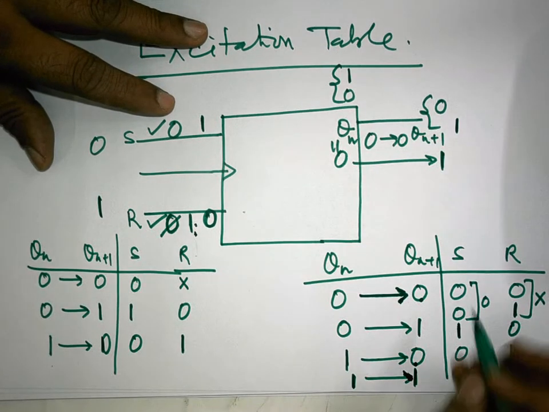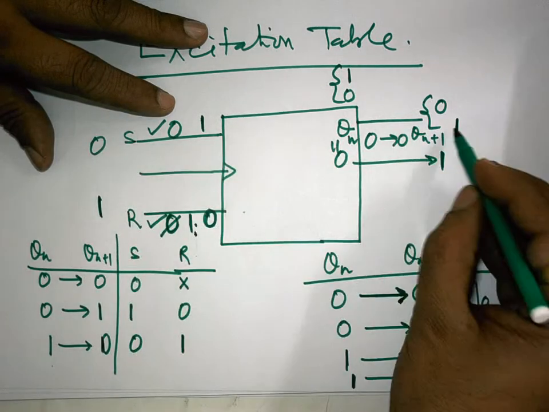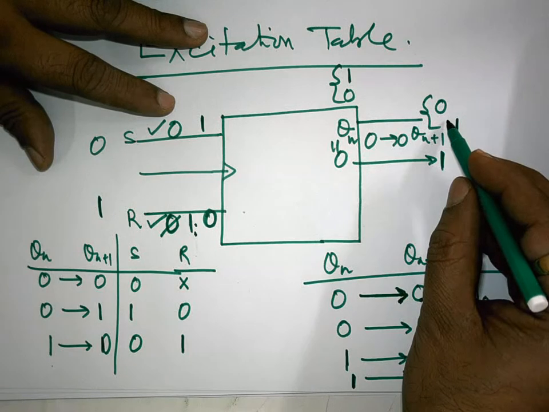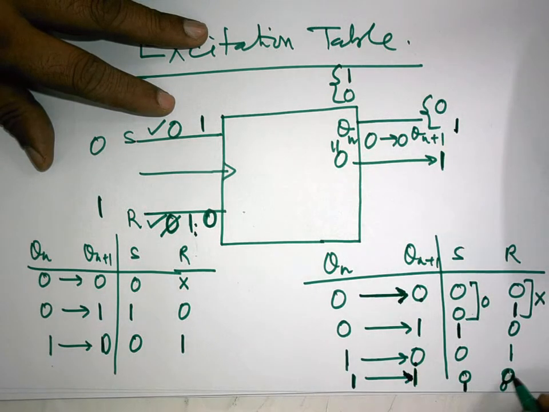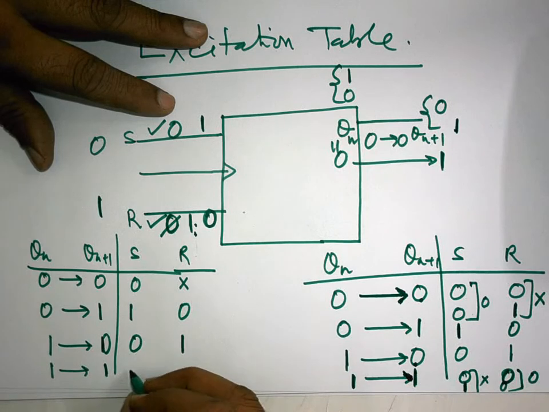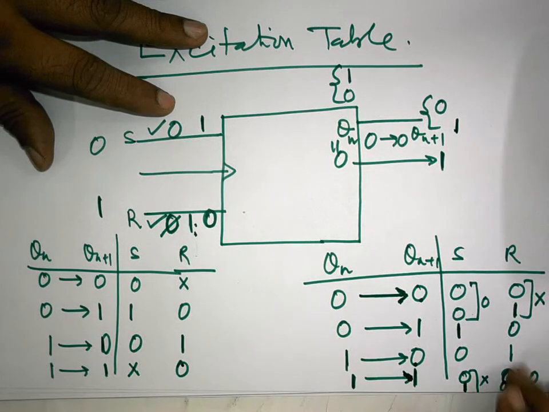If we apply 1 at the S input, this will make it 1, and 0 at the R input, it will make it 1. Okay. So 0 0 or 1 0, both are going to give you the same effect. So definitely 0 at the R input, and don't care at the S input. This means if you have to make this kind of transition, don't care at S and 0 at R should be applied.